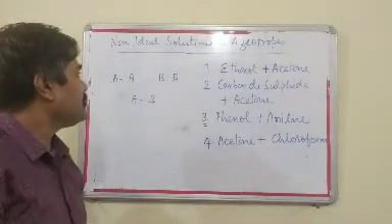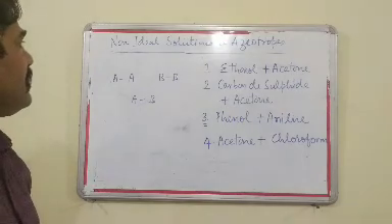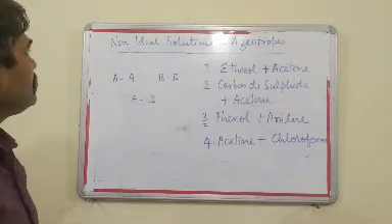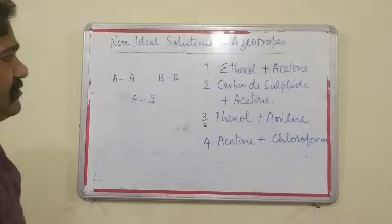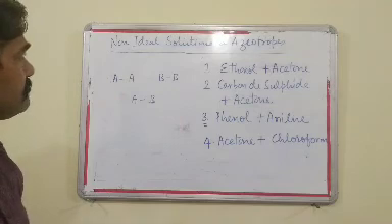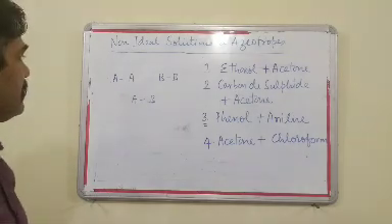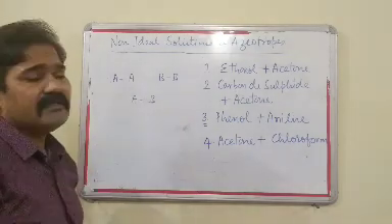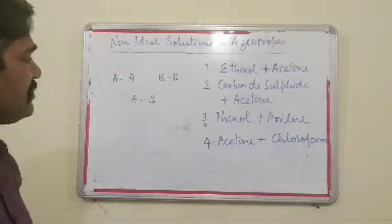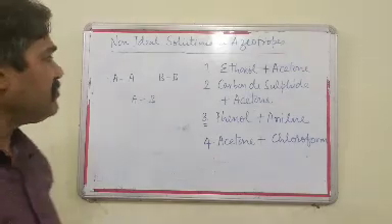Today we will discuss some examples of positive and negative deviation non-ideal solutions. Okay, you know that non-ideal solution behavior depends upon the interaction among the solute-solute, solvent-solvent, and solute-solvent molecules.